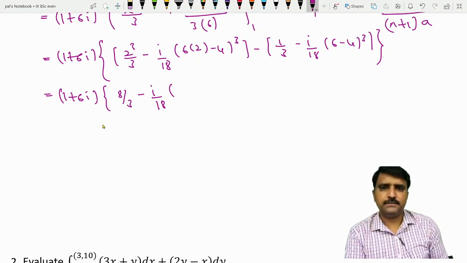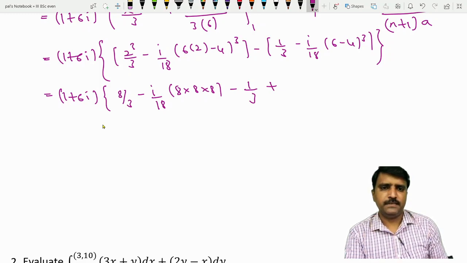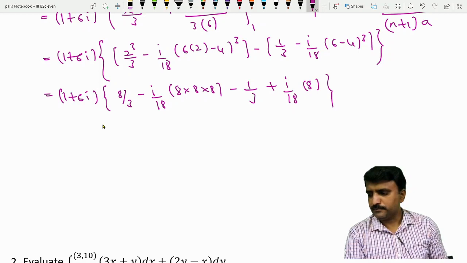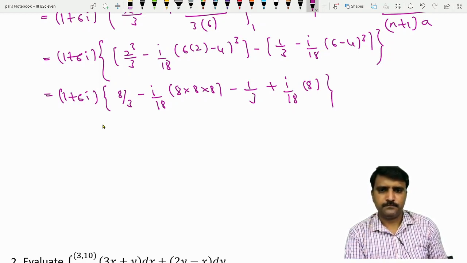You write it as 8 into 8 into 8. Next step is simplifying this: minus this is 1 by 3 minus of minus plus i divided by 18, and this is 2 cube, 2 cube is 8.